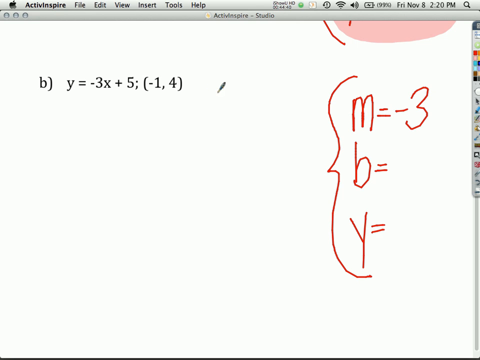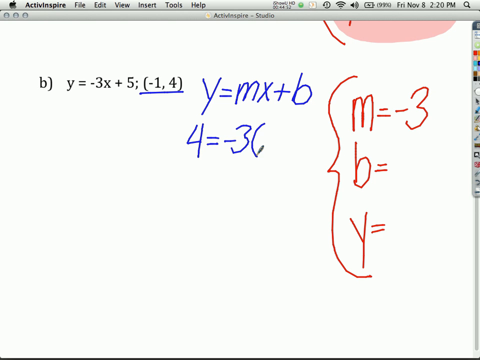Very good. So I've got y equals mx plus b. I can plug in this ordered pair. So I've got 4 equals, I have the slope also, negative 3 times x, which is negative 1, plus b. So what will my y-intercept be?